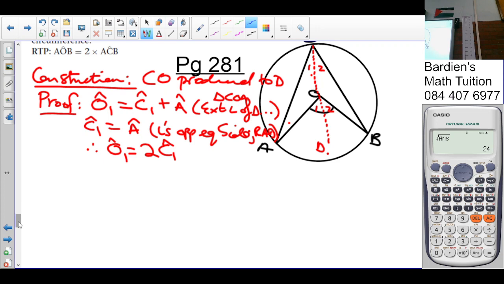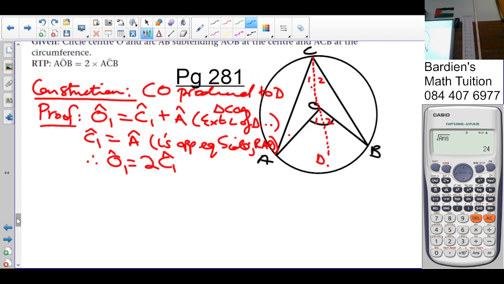So now let's work in the other triangle. We're going to work in triangle COB now. So what can we say about that? We can say that O2 is equal to what?